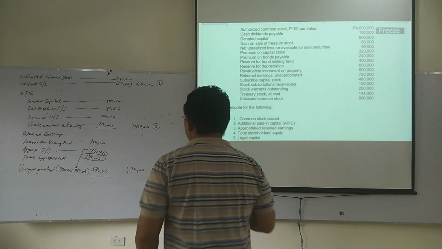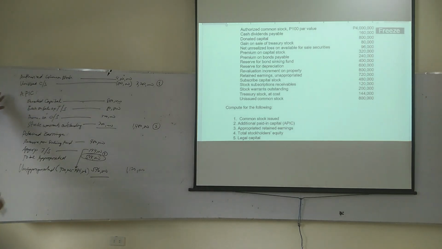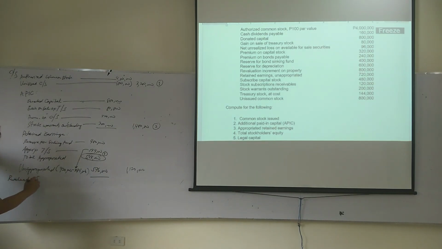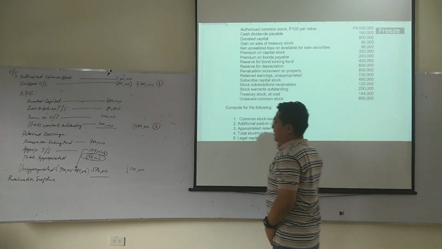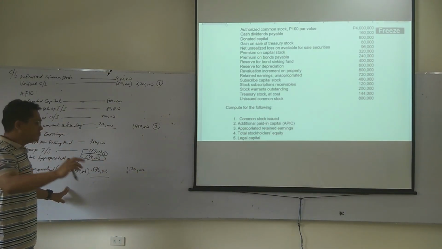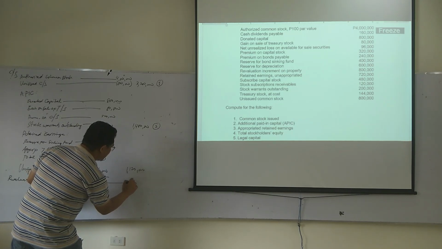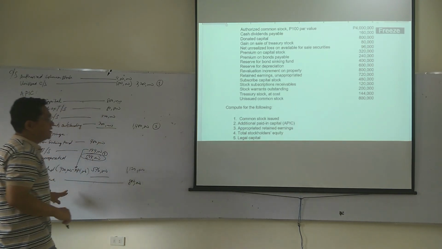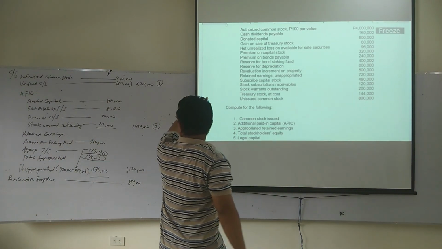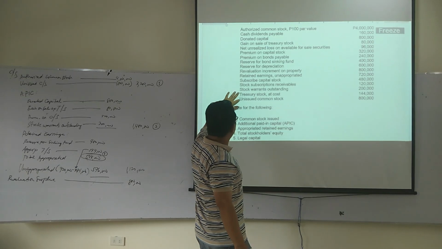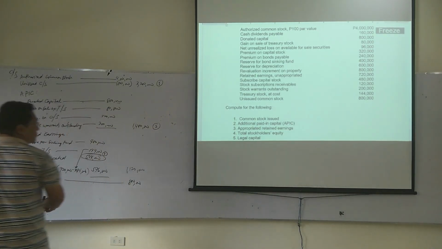Appropriated retained earnings. Then the other components: we have your capital stock, your additional paid-in capital. You also have your revaluation surplus. Revaluation increment on property, which is 800,000. Of course, there are no other items under revaluation surplus. Then we have treasury stock.